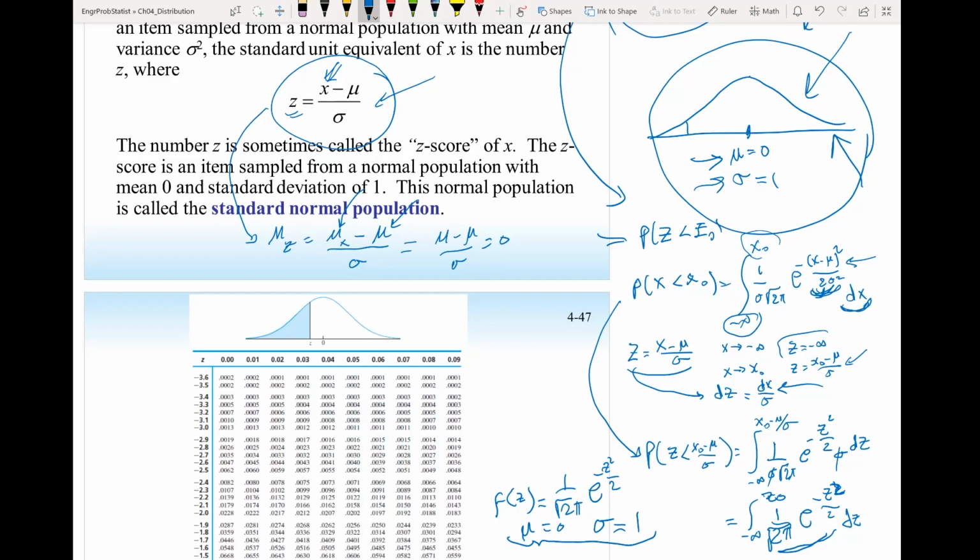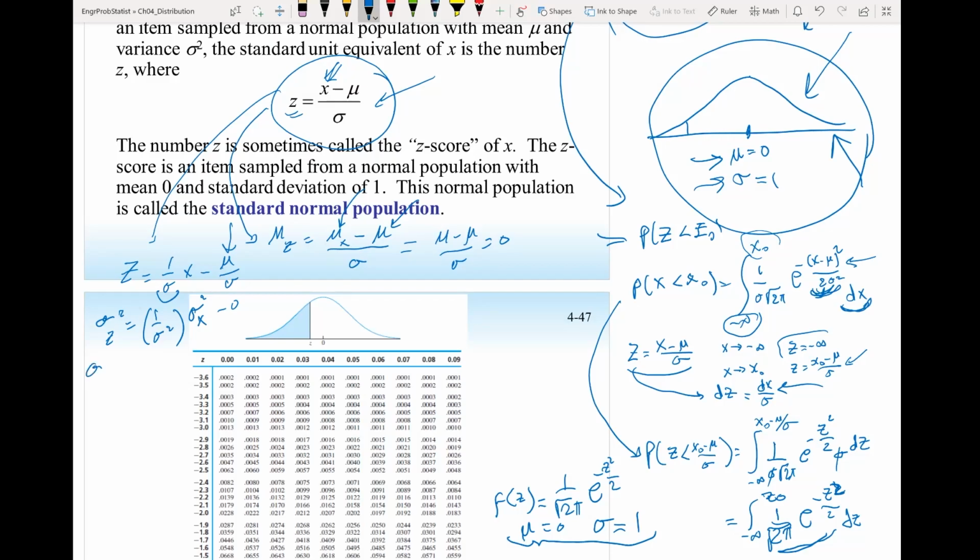Now to find the variance of z, let's rewrite this equation as z equals 1 over sigma times x, minus mu over sigma. Now the variance of z will equal, this is a constant, so I square it, 1 over sigma squared, times the variance of x. Now this other constant never changes, so its variance is 0.